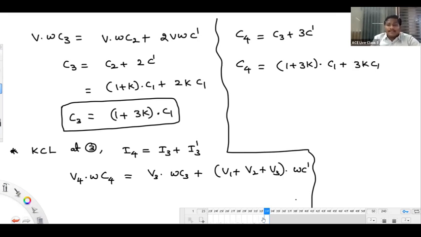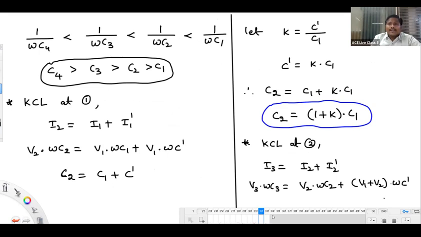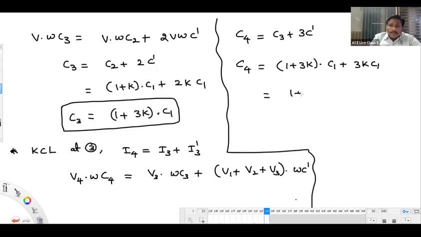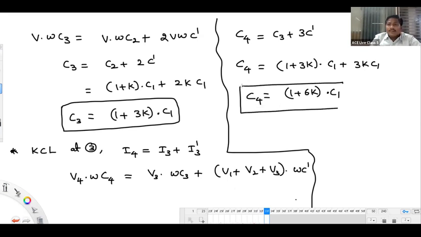Now you get 1 plus 6K times C1. This is the C4 capacitance, the fourth disk capacitance. All of you getting it? C1, C2, C3, C4 capacitances.